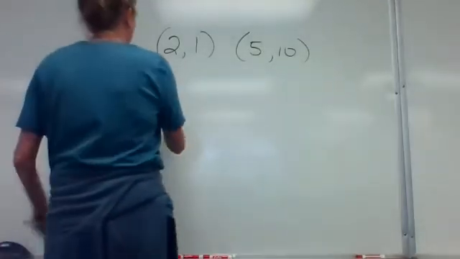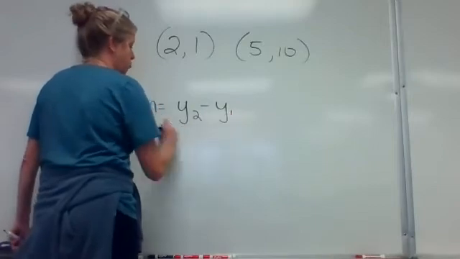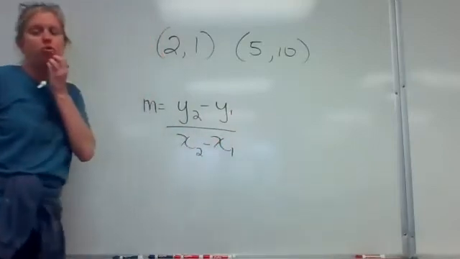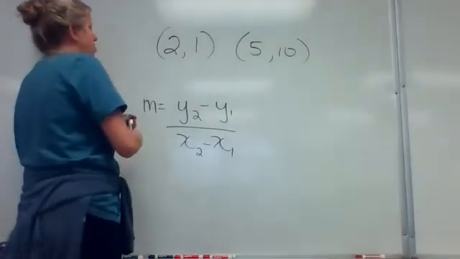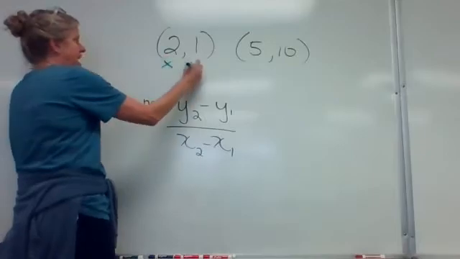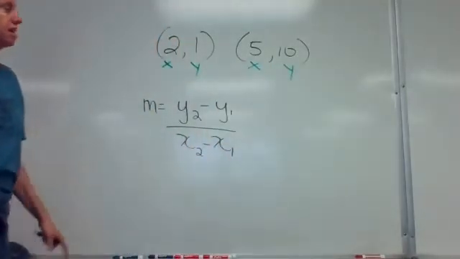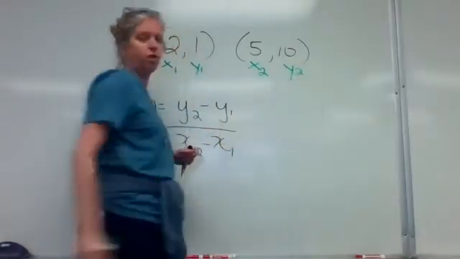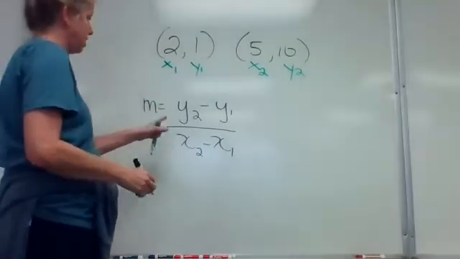Now remember, the slope formula is y2 minus y1 over x2 minus x1. So if each of these is a point, that means each point has an x coordinate and a y coordinate. If this is my first point, I'll call those the 1s. If that's my second point, I'll call those the 2s. And then I'm just going to plug those numbers into the formula.